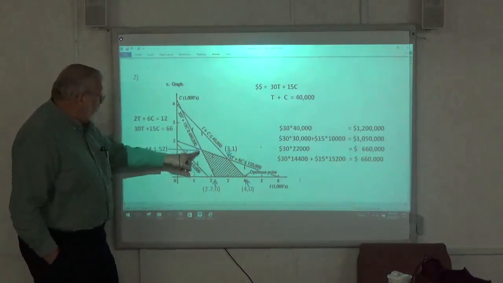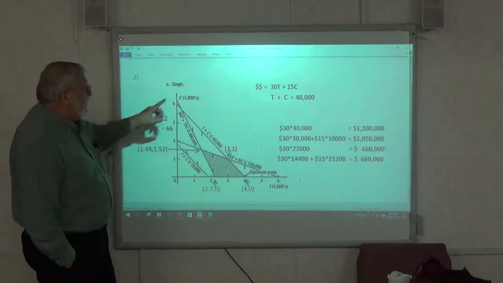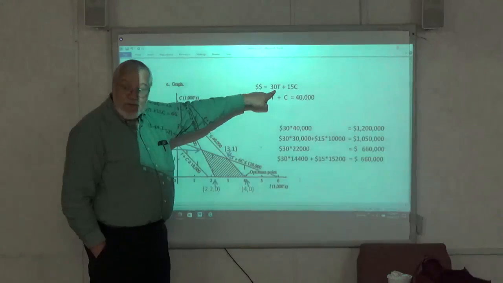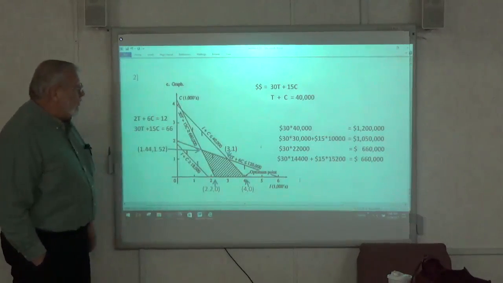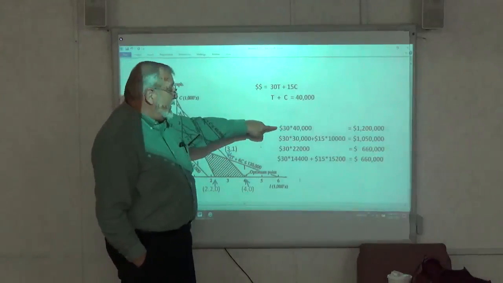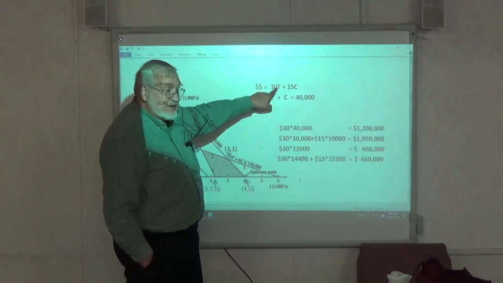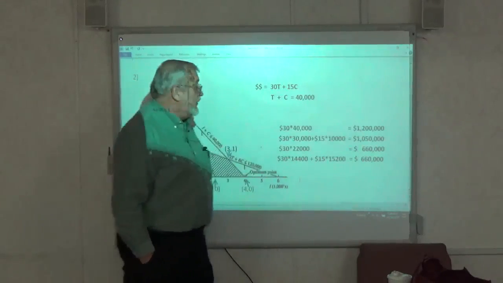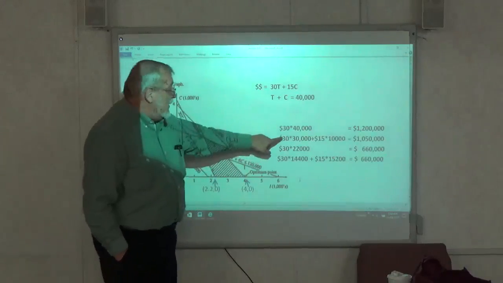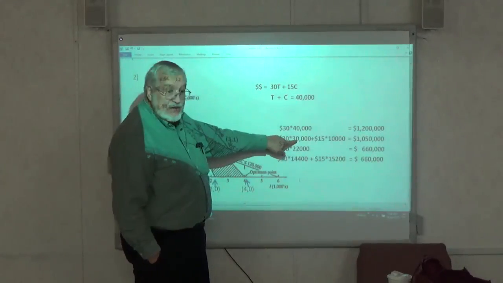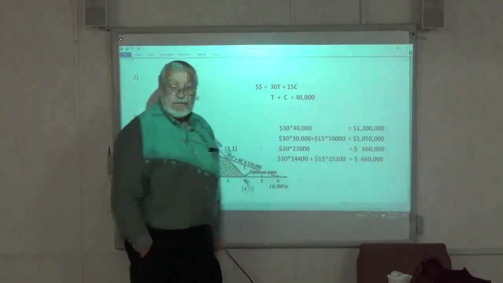Now, when you take those numbers and you put them into the formula for value, you try to find out which one is which. Well, I did that here. 30 times 40,000, which is this one, is 1,200,000. If I take this point, which is 3 and 1, it is 30 times 30,000 plus 15 times 1,000. That's 1,050,000.